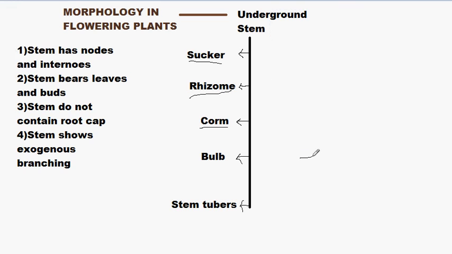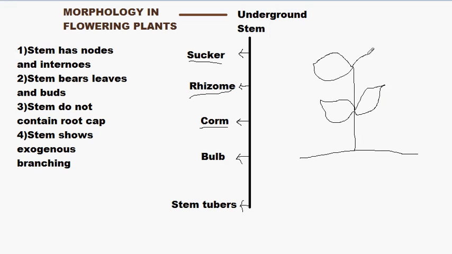Alright, to explain the bulb, there will again be a plant which is not so important. This is the always present plant, so I can draw it just like that, and in the bulb the underground part of the stem will again be spherical.